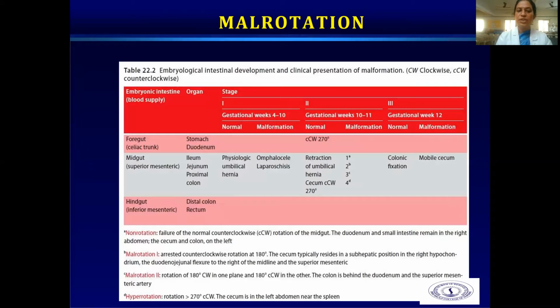Whereas when it is malrotation 2, it is occurring in the colon, which is behind the duodenum and superior mesenteric artery. Whereas hyperrotation is occurring at more than 270 degrees CCW. The cecum is in the left abdomen near the spleen. So these are the kinds of defects that are leading to malrotation.